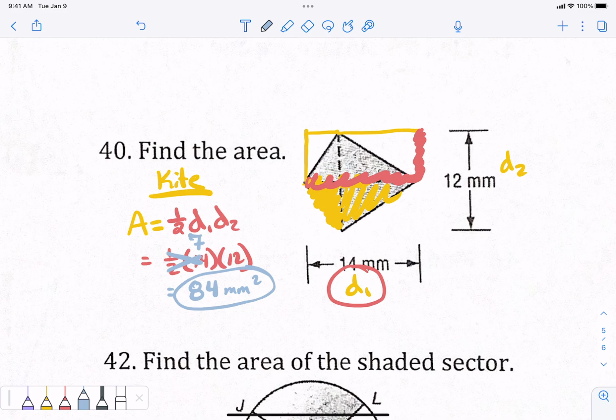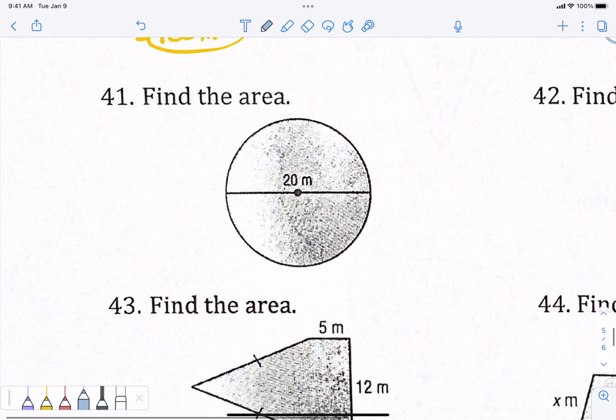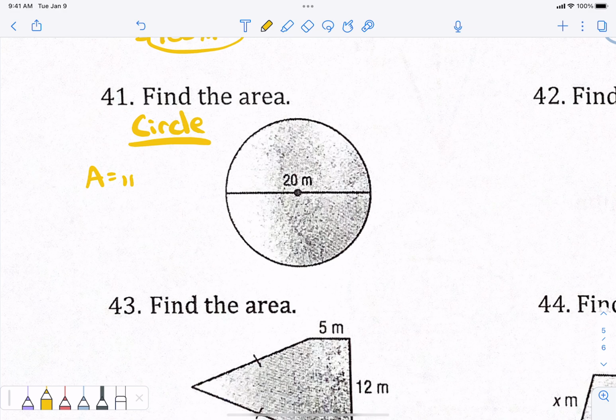Okay, so if you are in the 5th period class, you need to start now. Find the area. This is a circle. Area of a circle is, you remember? Pi r squared.